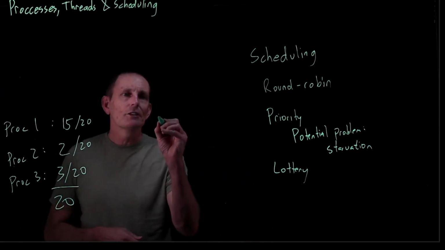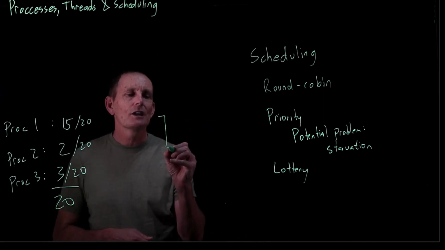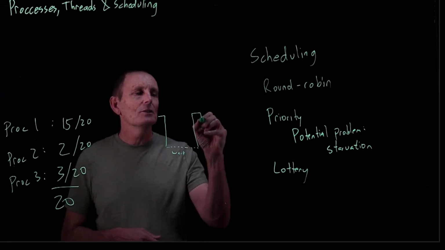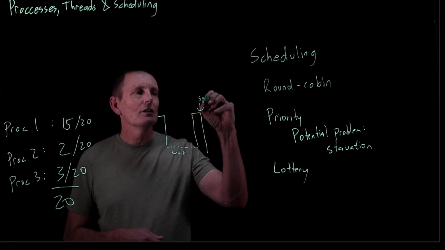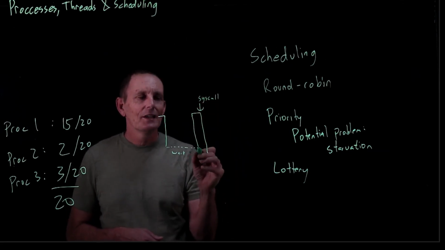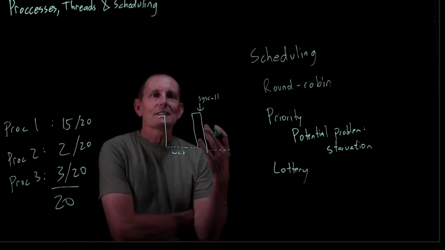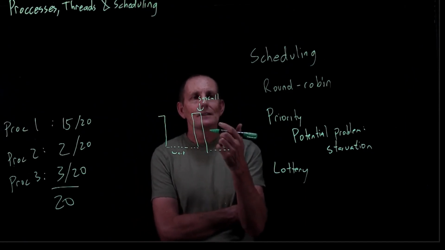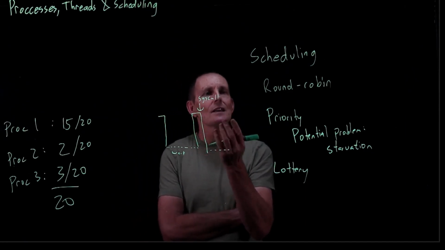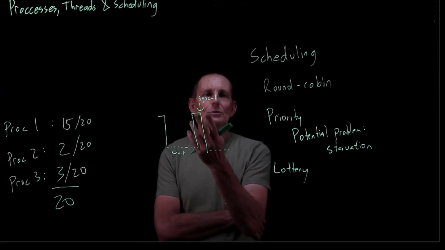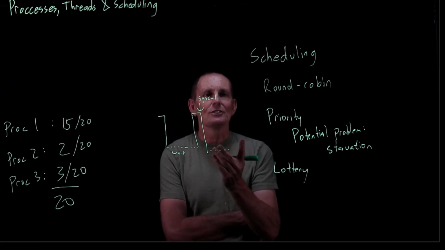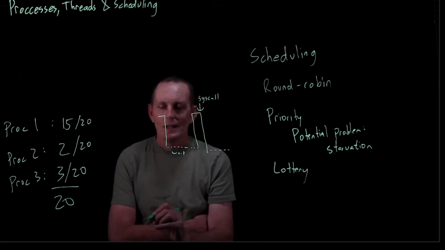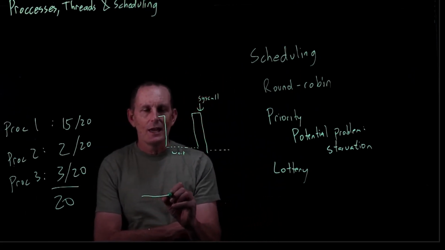So the idea is that if you're running something that uses little CPU and then it goes down and waits, and then when it comes in, it does a little bit of CPU, and then here issues a system call that does I/O, and again it has to wait, your expectation is that if you were to run this process, if it has behavior similar to how it's acted in the past, it's not going to use much CPU time, that it's going to issue a system call again for I/O, and that's going to cause it to be waiting.